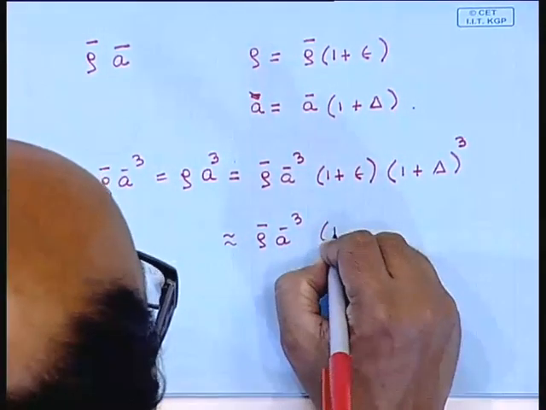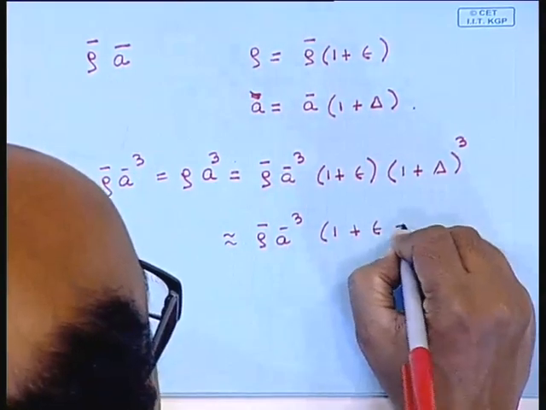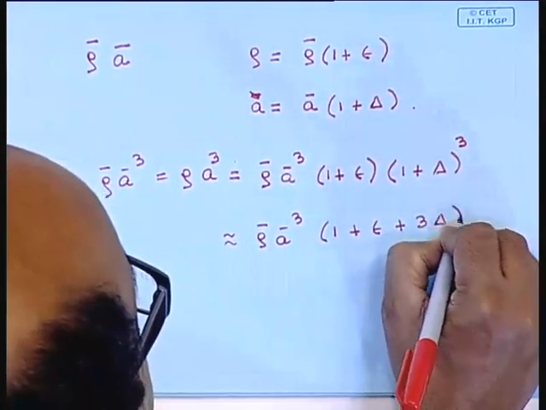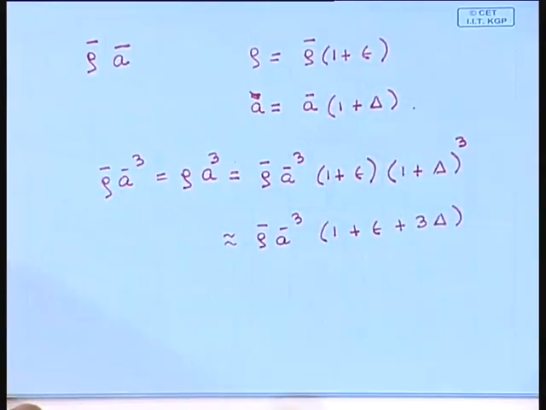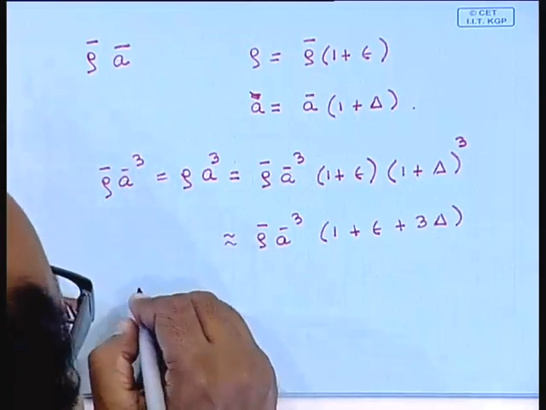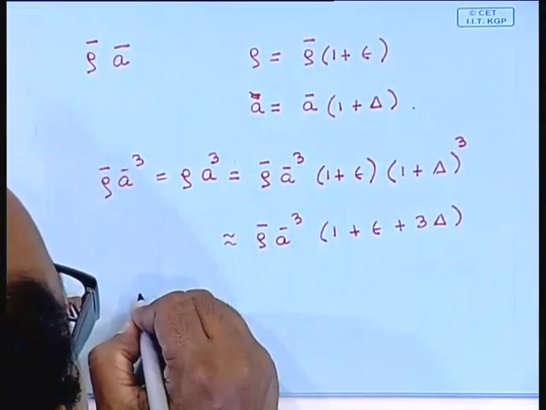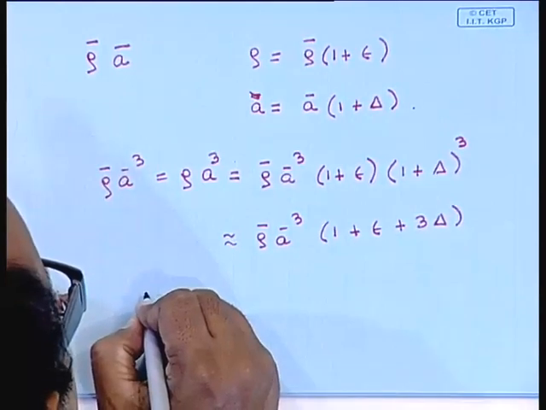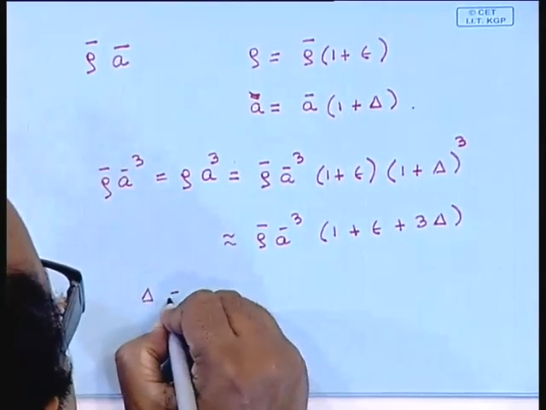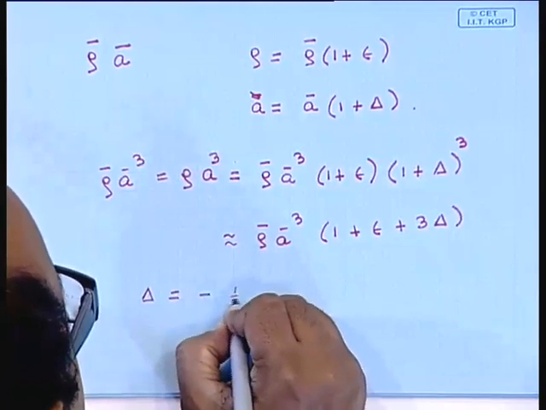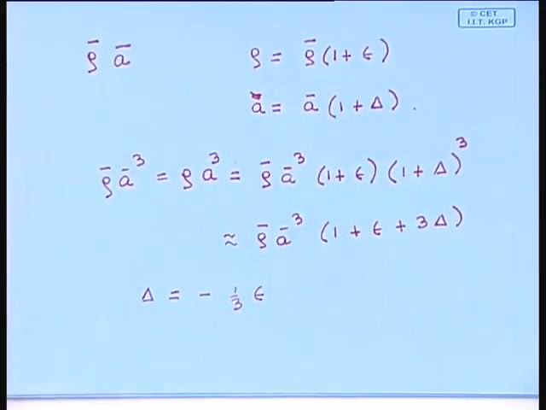So this is going to be 1 plus epsilon plus 3 delta, which essentially tells us that delta is equal to minus 1/3 epsilon. So if I have another cosmological model which is slightly disturbed, the disturbance in A and the disturbance in rho are related like this.